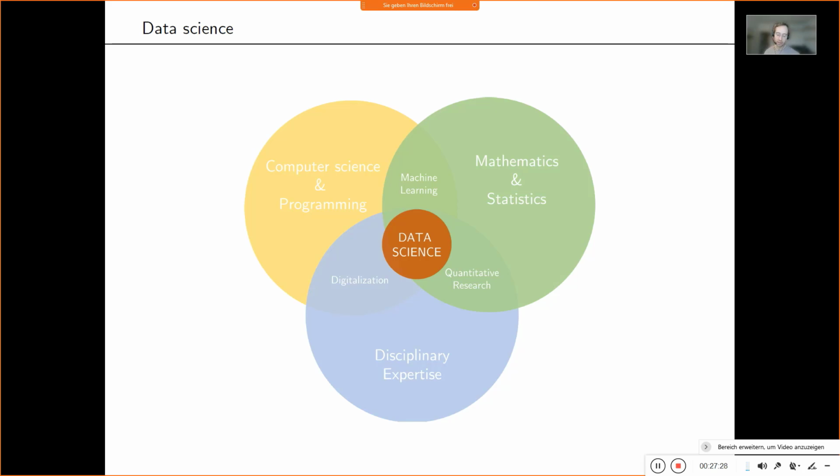And on the other hand, from my perspective in cognitive neuroscience, we are interested in quantitative research. As you look at the developments of the sciences, physics has been one of the first domains that went quantitative.